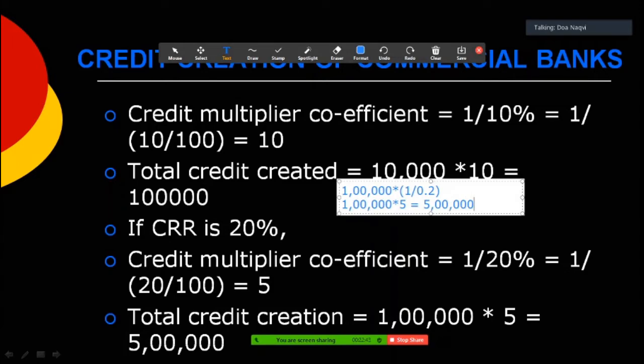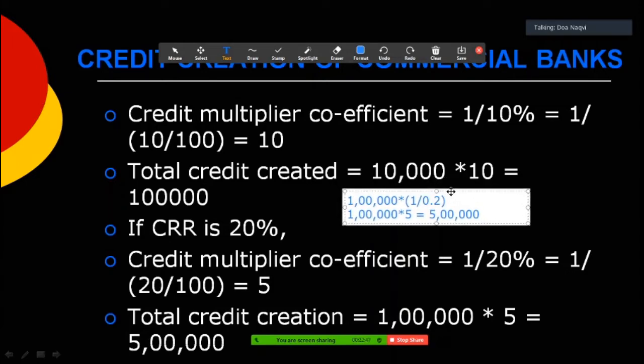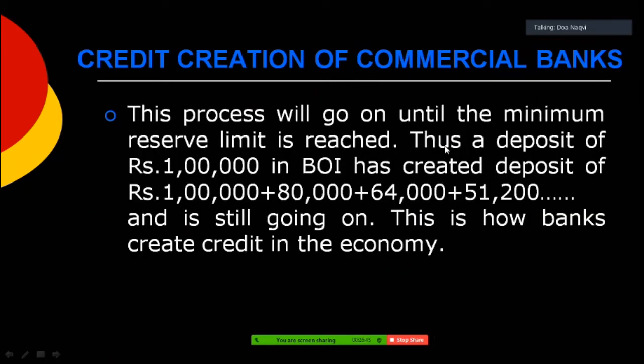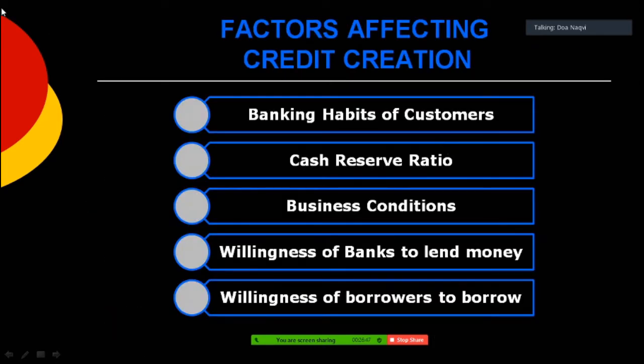So you can see that just by attracting a deposit of 1 lakh rupees, banks can over a period of time create a credit worth 5 lakh rupees, almost 5 times the amount that was deposited. So this is the process by which credit is created within an economy. Now what are the factors of credit creation?